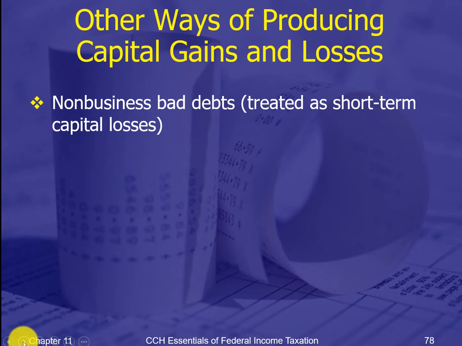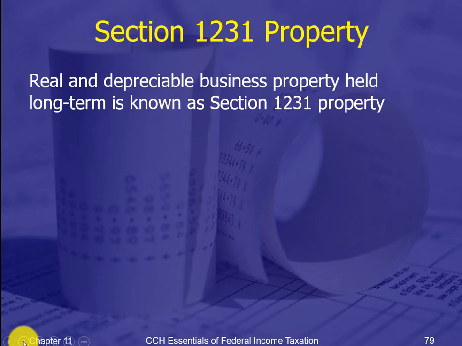You didn't loan them money to buy your product or something like that. If this was a non-business loan and then they can't pay you, you have a bad debt. You have a deduction, but it is a short-term capital loss, and you know that that's limited to $3,000 a year, right? So there's a deduction, but it's not a very beneficial deduction, you might say.